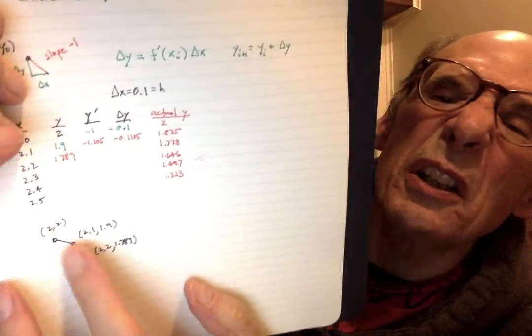This is a rough picture, but what we're seeing here is 2.1, 1.9, and then they're getting a little bit steeper. We're going to be at 2.2, 1.789. And so we're starting to put together a solution like this.